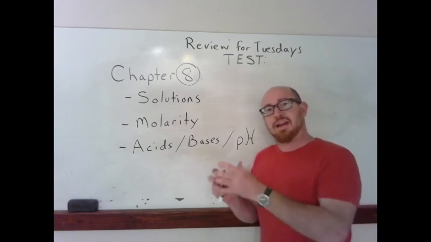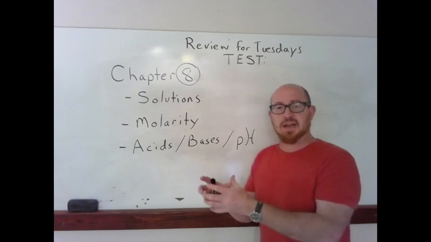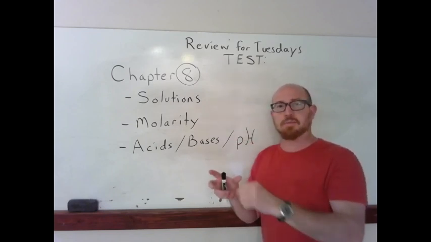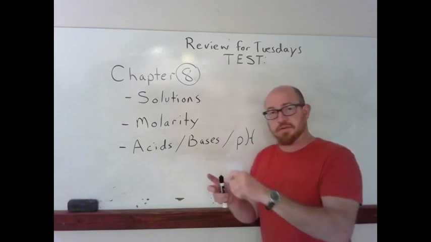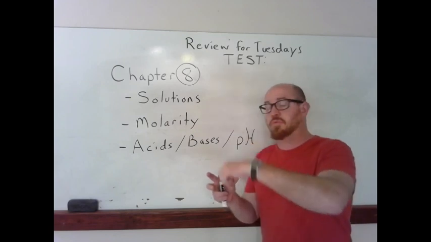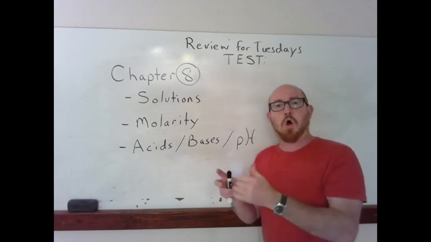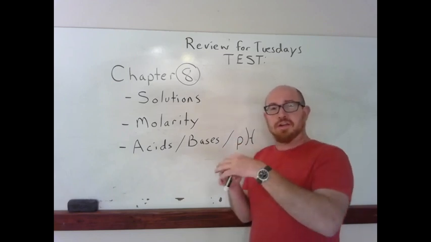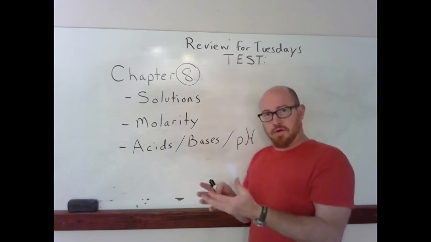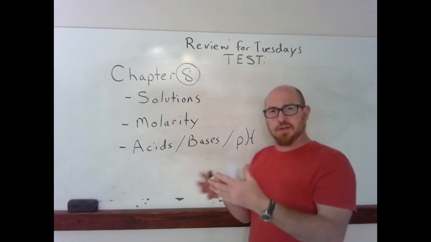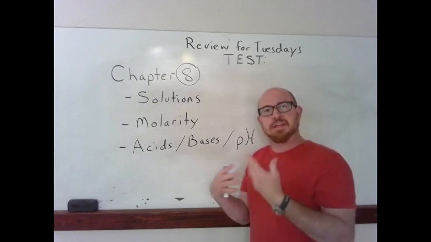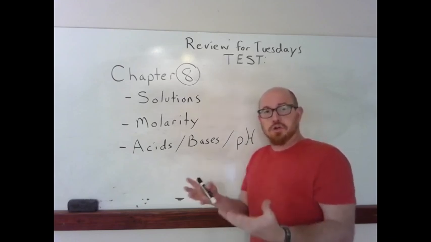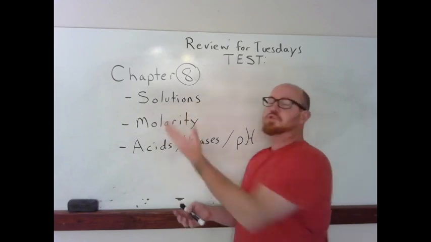And if you don't add any more water to it, if you just have a cup of water and you put a tablespoon of sugar and then another tablespoon of sugar and then 3 tablespoons of sugar, all you're doing is increasing how much sugar there is in all of that water. And the whole combination of it, assuming the sugar is completely dissolved, is sugar water. So that's what a solution really is.